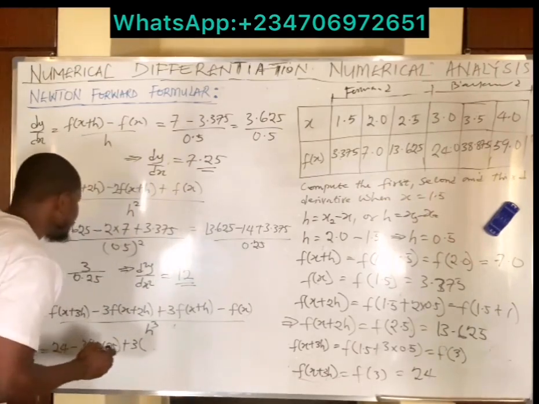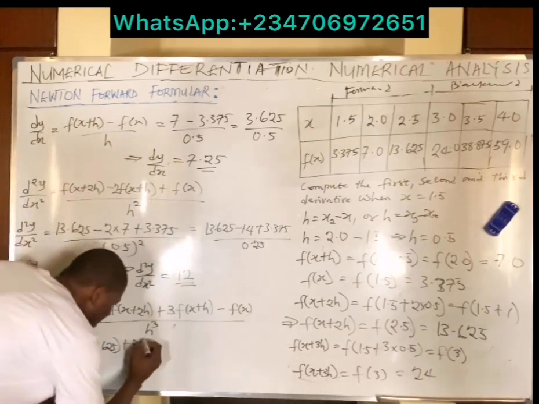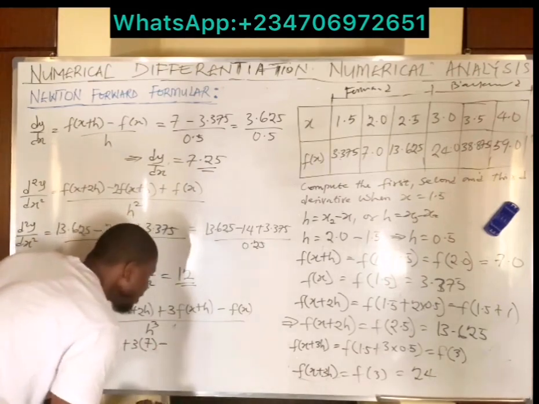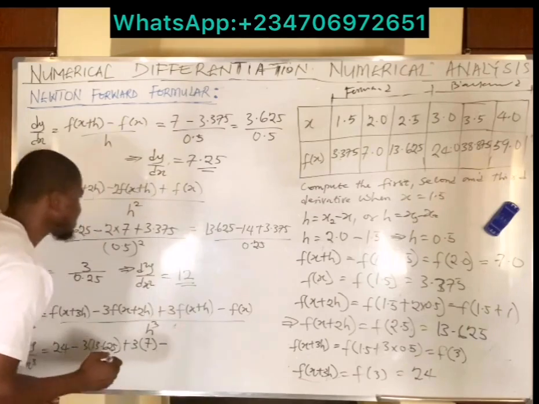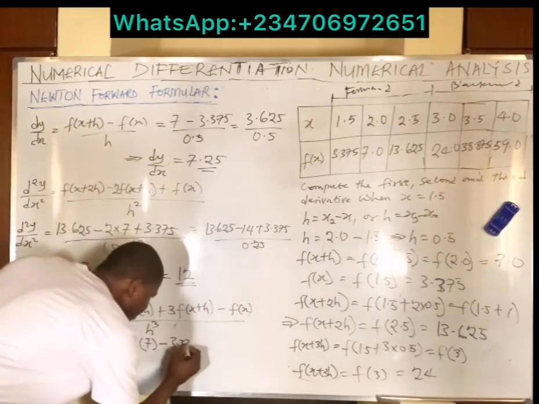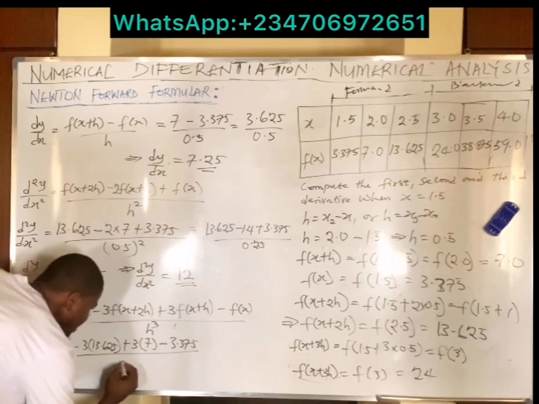F of x plus h itself gives us 7. So 3 times 7, minus f of x, and f of x gives us 3.375, all minus 3.375 divided by 0.5 to the power of 3.